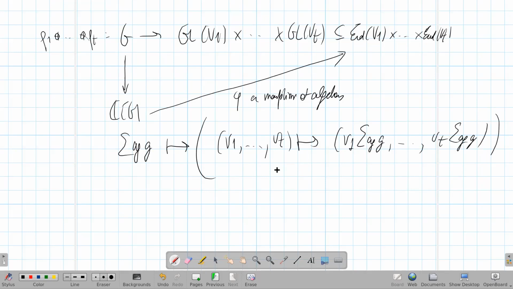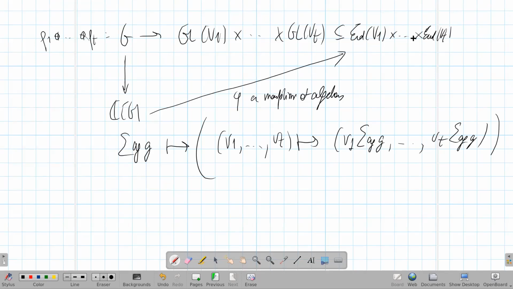As you see, on each space V_i, this is an endomorphism. It's what we saw earlier on the previous page. V_1 goes to V_1 on which this acts, and so on, V_T goes into V_T on which this acts. All the individual maps, V_i to V_i, sum over g, are endomorphisms.